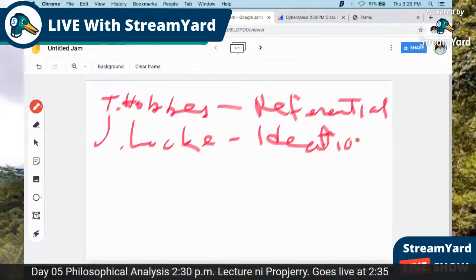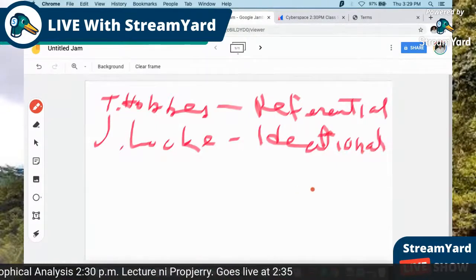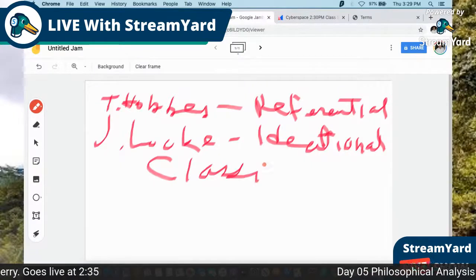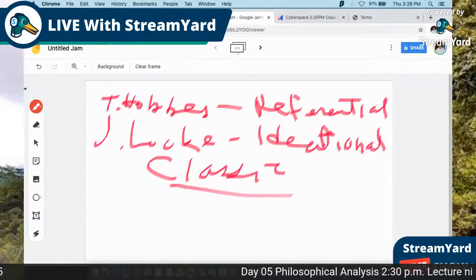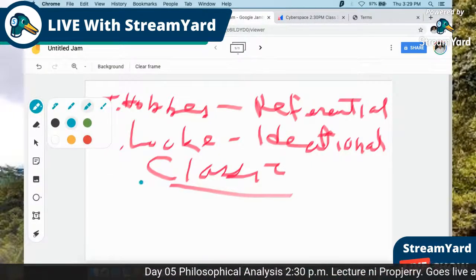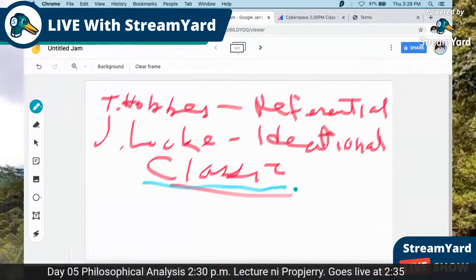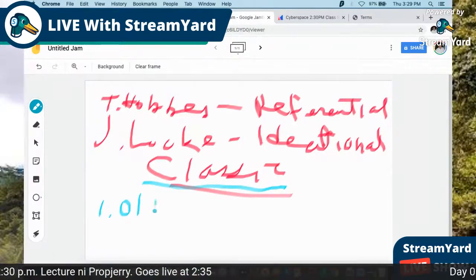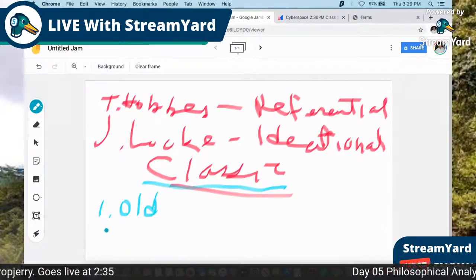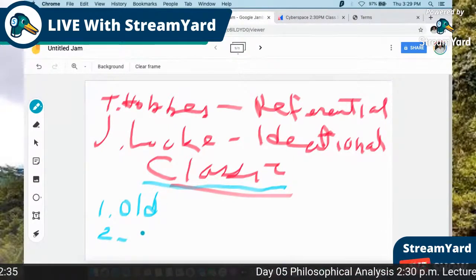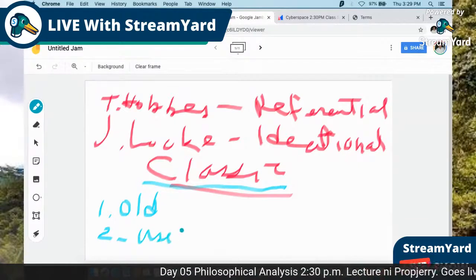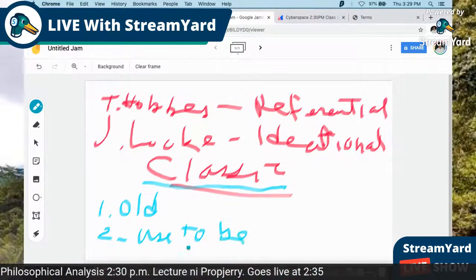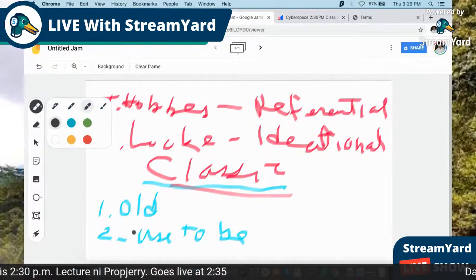And what are these called? These are called classic theories of meaning. Why are they called classic? That's the question. When you say classic, that means one, it's old, from the olden times. Two, it used to be useful.